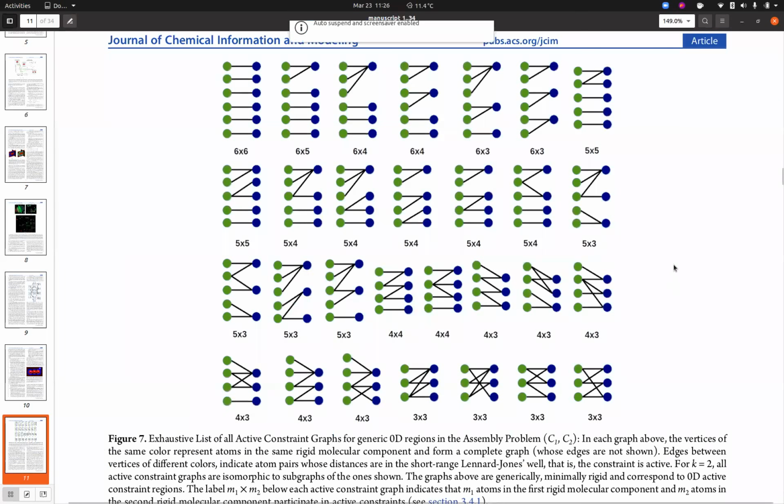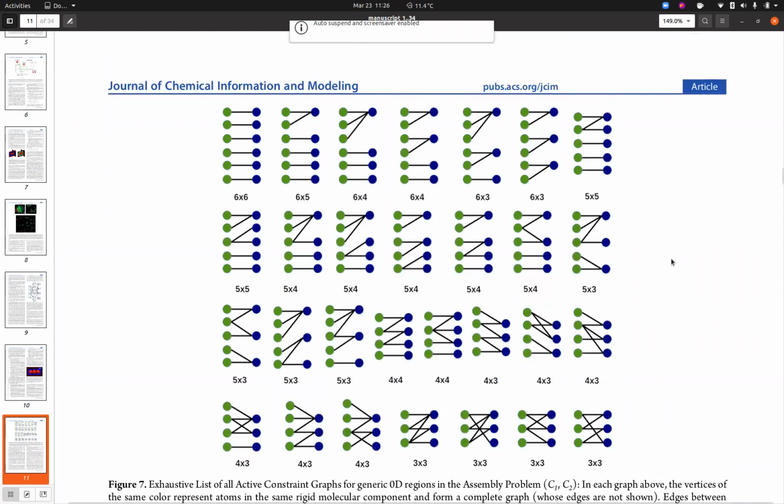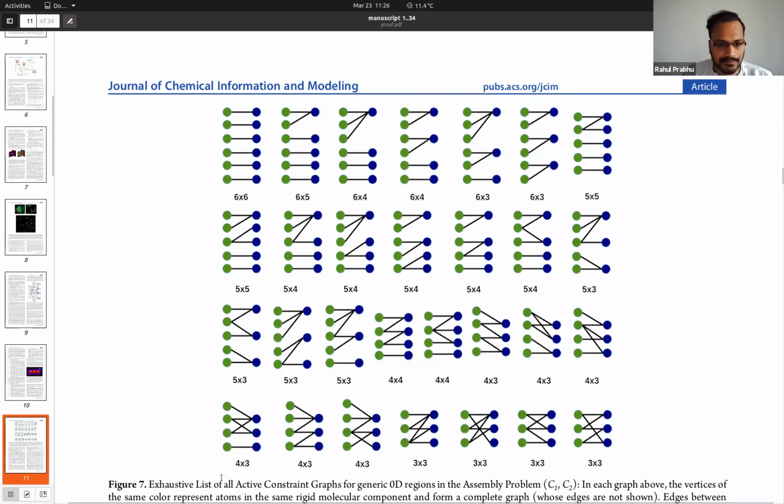When we're doing assembly of 2 molecules, these are all the possible contact graphs you can get. When I mean contact here, it means that a pair of atoms, one from each molecule, is in the Lennard-Jones well.